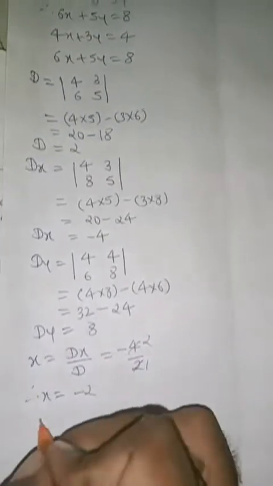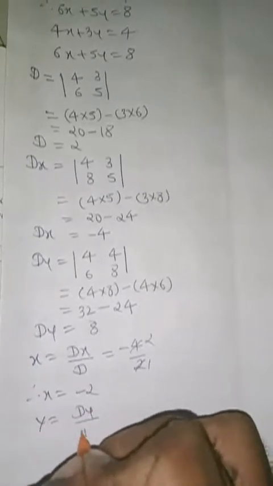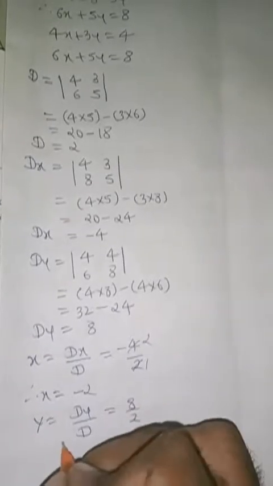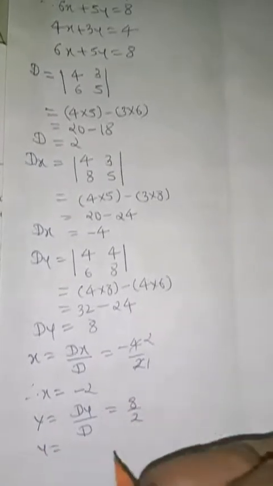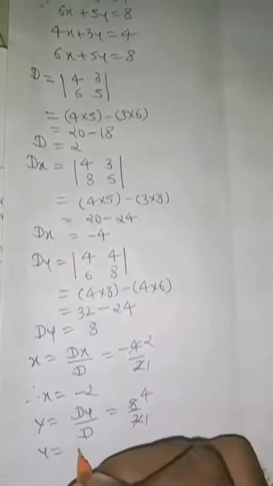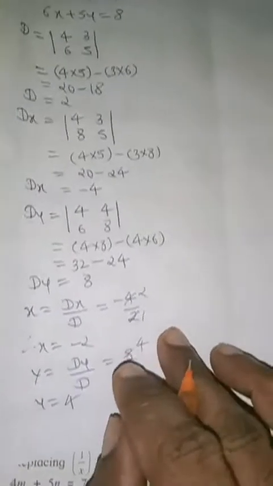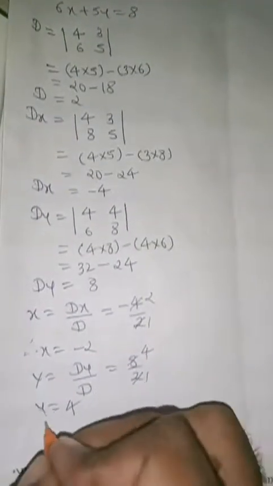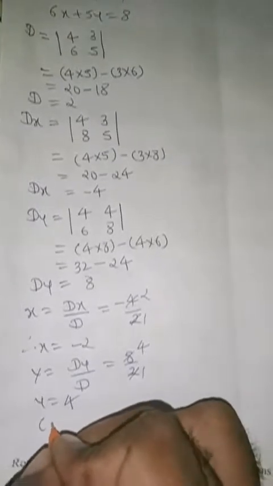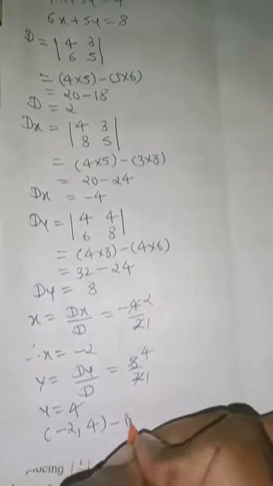And y is equal to Dy upon D. Value of Dy is 8, 8 upon 2. Therefore y is equal to 8 upon 2. 2 ones are 2, 2 fours are 8. This is 4. Therefore the solution of the equation is x value is minus 2, y value is 4. This is the solution.